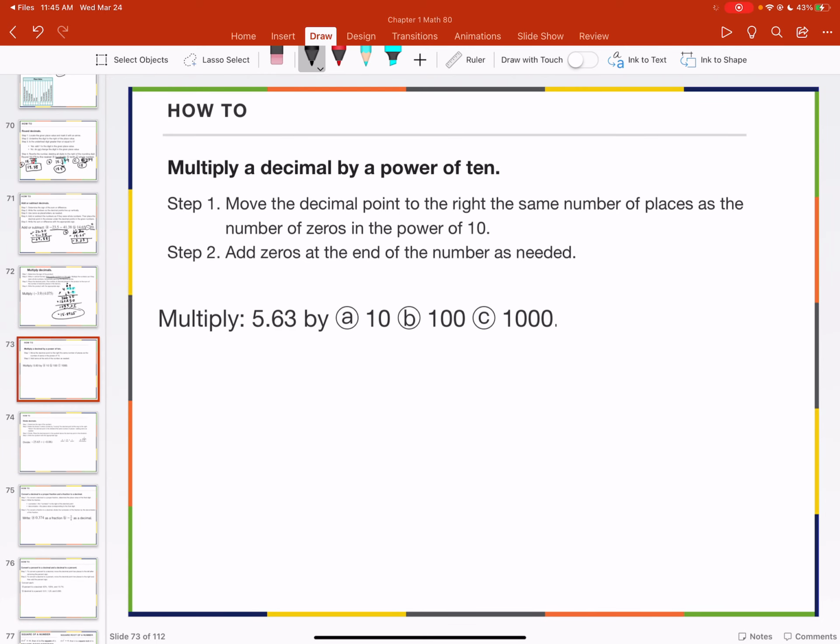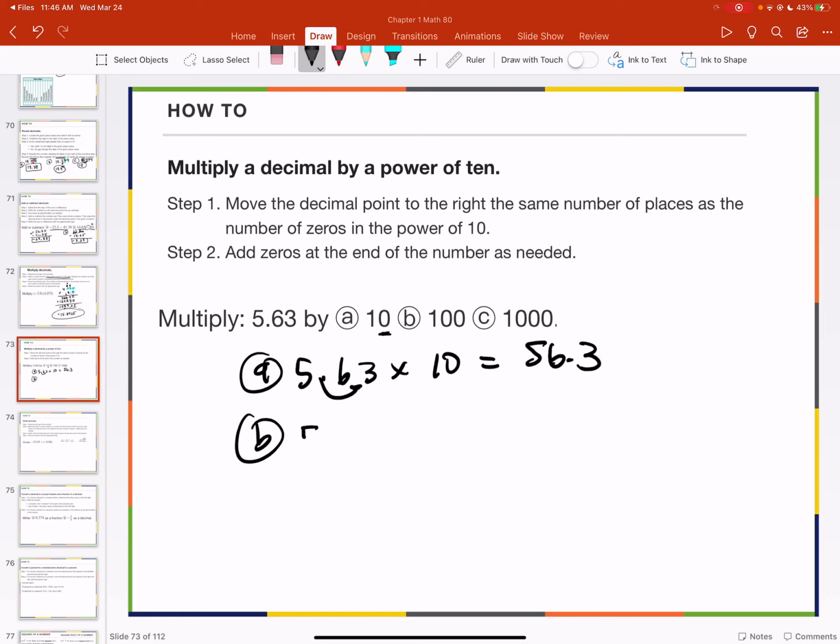Okay, what if you're multiplying by a decimal that's a power of 10? That's very easy because it's a fraction. This 10 here, we move the decimal point to the right the same number of places as the number of zeros in the power of 10. So for A, 5.63 times 10, the answer will be 56.3.